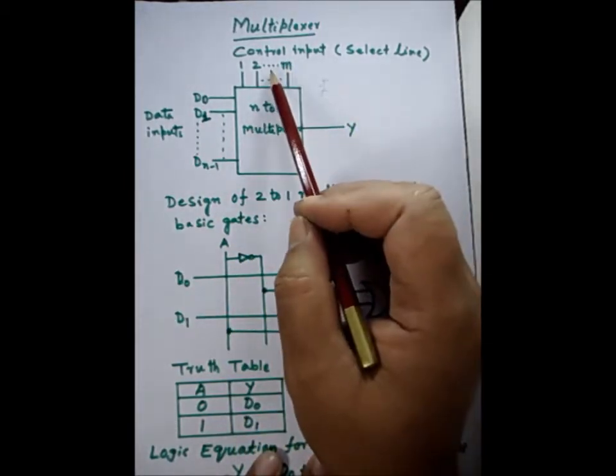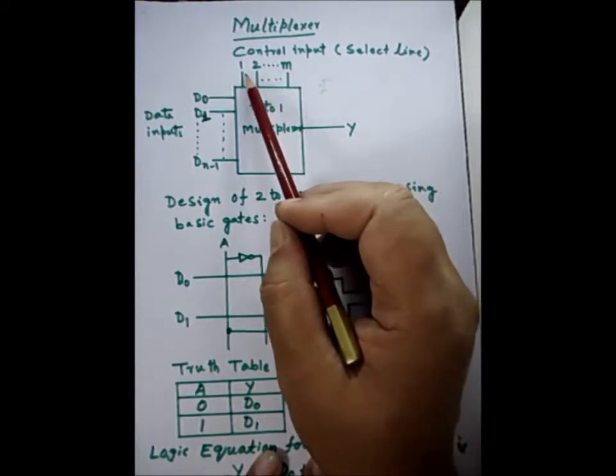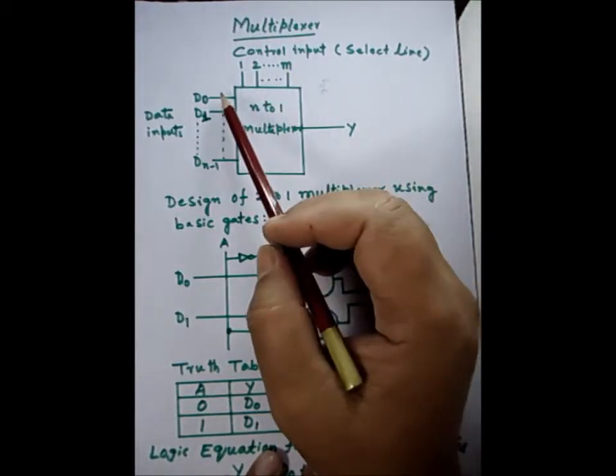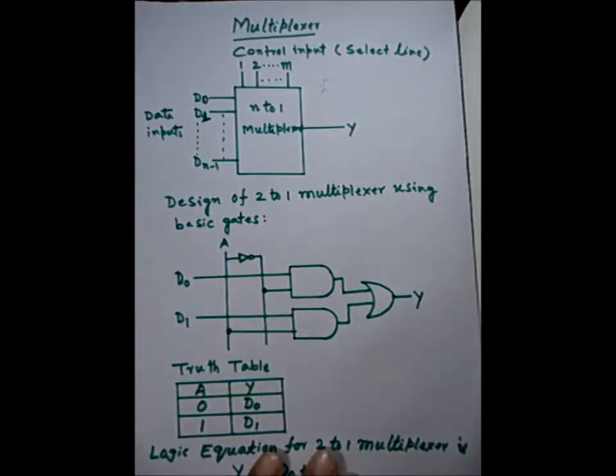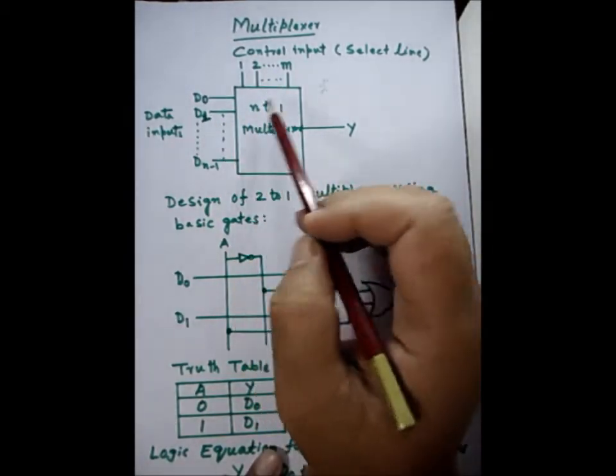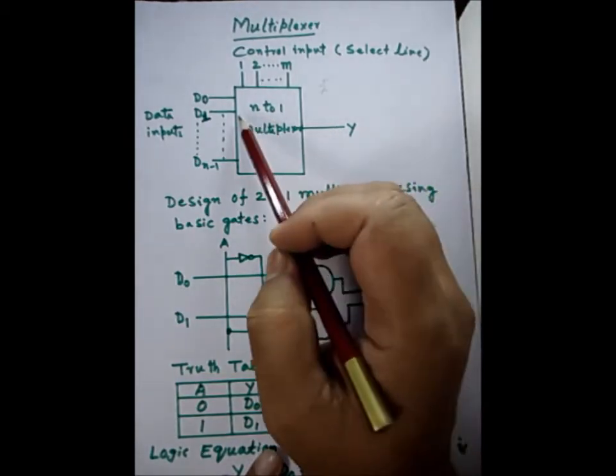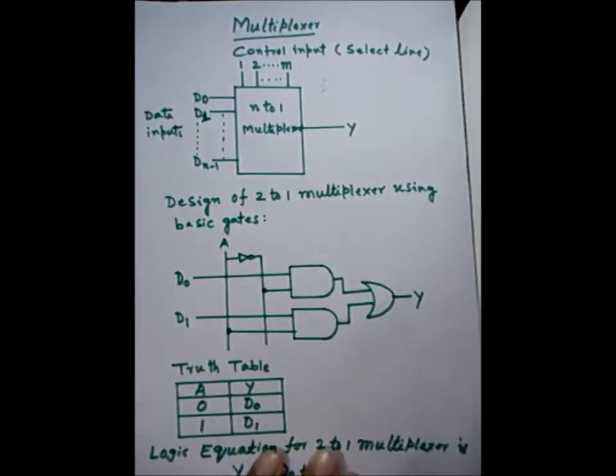That means if there are two control inputs, the maximum data inputs may be 2 squared, which is 4. In that way we call it a 4:1 multiplexer.